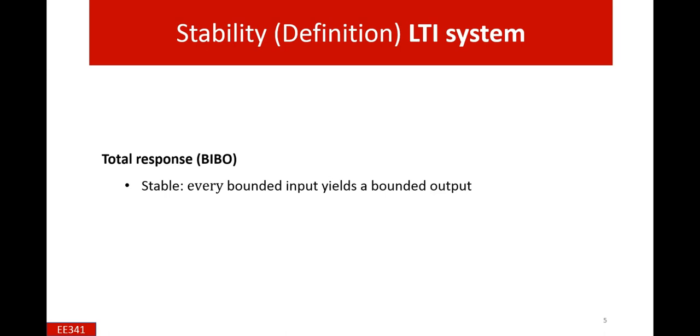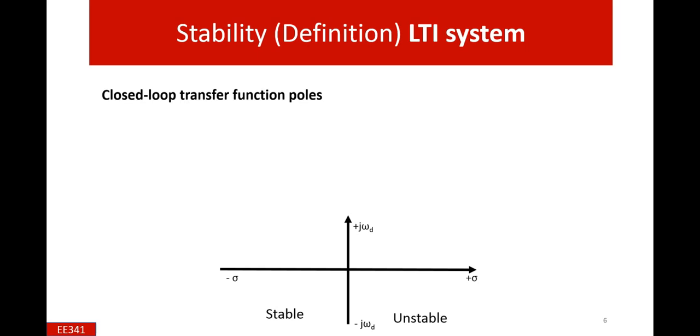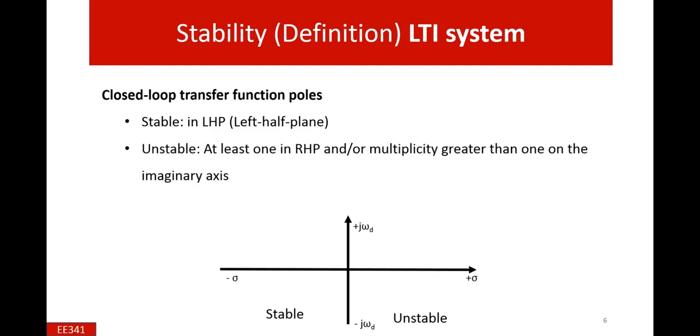For a bounded input, if the output is bounded, then we can say the system is stable, and if for a bounded input the output is unbounded, then we can say the system is unstable. If we want to find the stability criteria by using the location of the poles in the complex plane or S-plane, if the poles lie on the right half plane, then we can say the system is unstable.